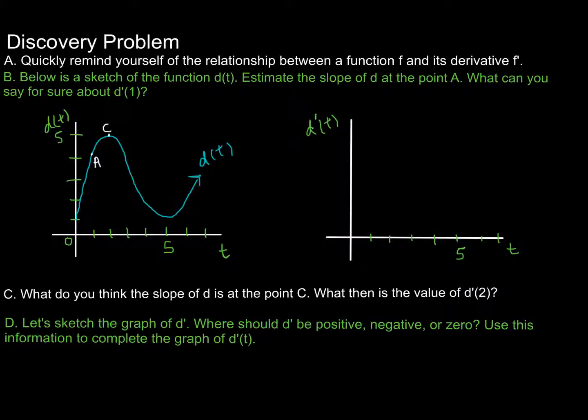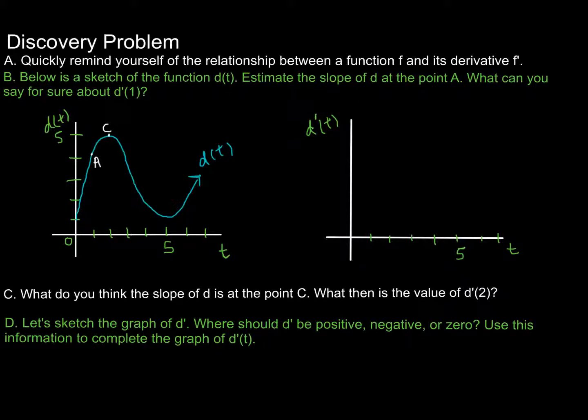Or in this case, d prime of t will give you the slope of d of t at any point t. So consider now what we're actually figuring out when we look at the slope of the function d at this point A. The value of the slope is exactly the value that we're getting when we evaluate d prime at that particular t value.